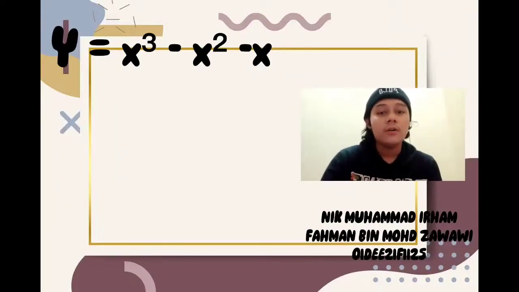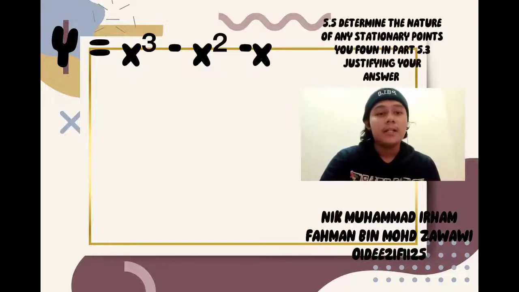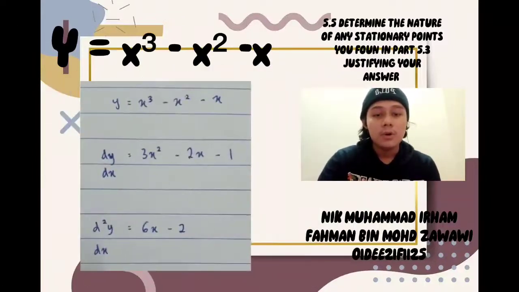Okay, next for 5.5, determine the nature of any stationary point you found in part 5.3, justifying your answer. So we use the same equation, y equal to x cube minus x square minus x. So the solution is dy over dx equal to 3x square minus 2x minus 1.